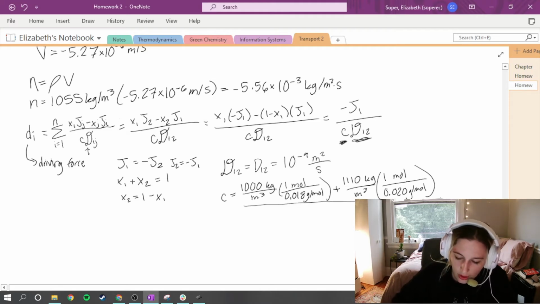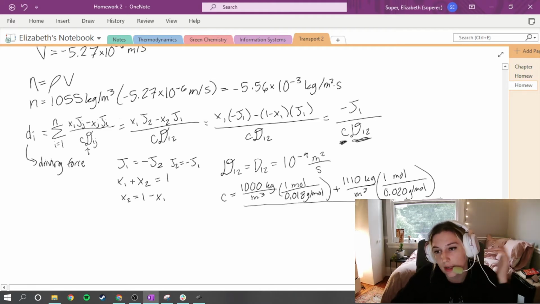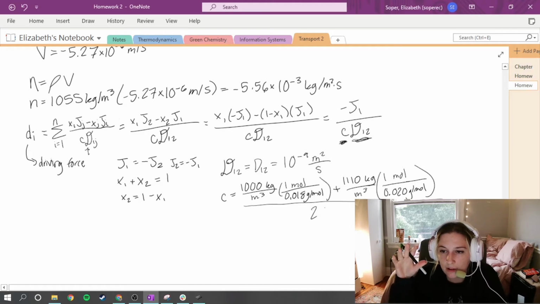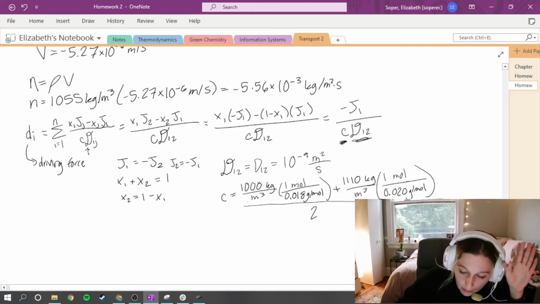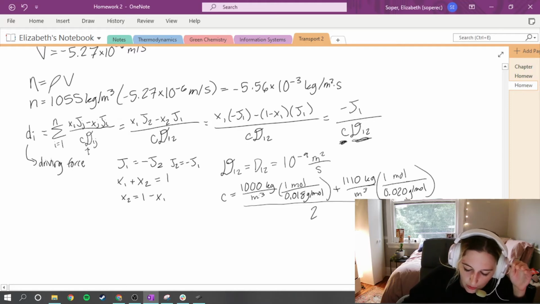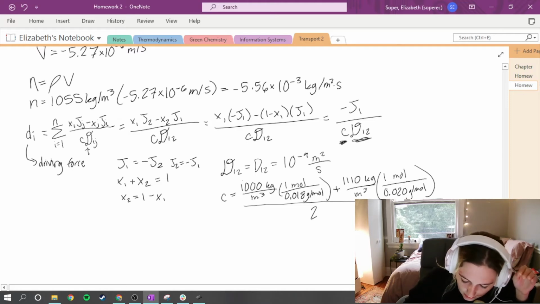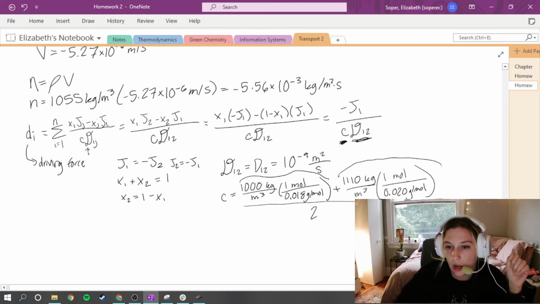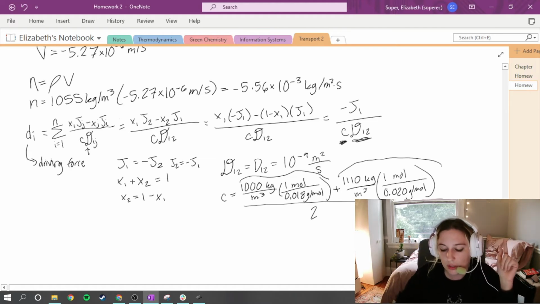Now we don't know the exact volume, but we're just going to divide it by 2 because we have the moles per meter cubed of the H2O, which is represented right here, and this is the moles per meter cubed of D2O.